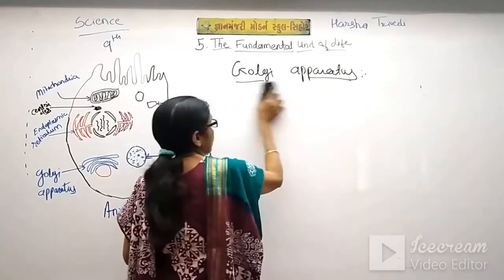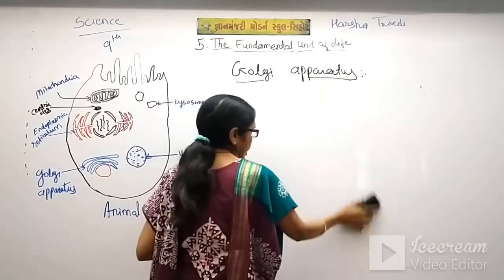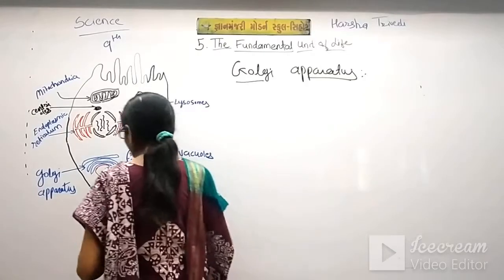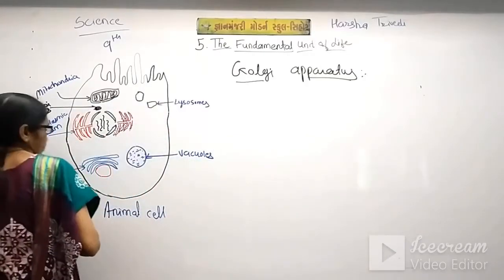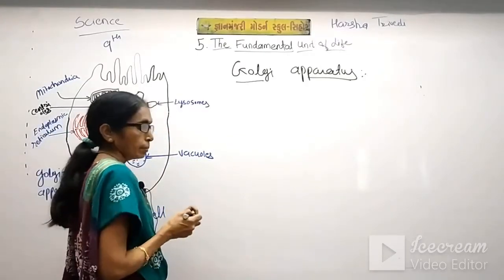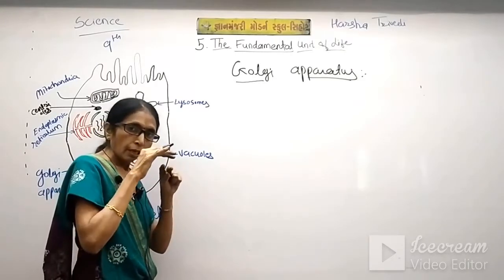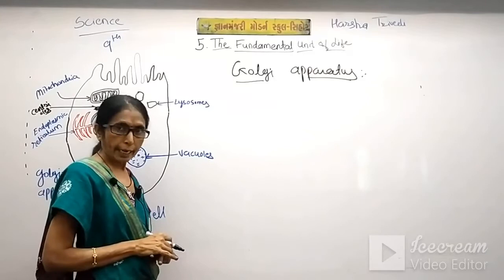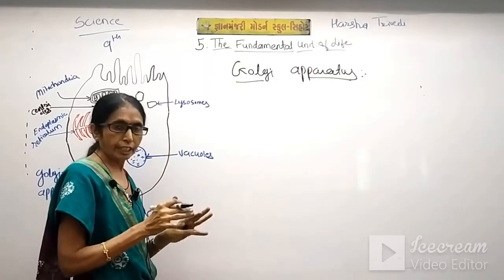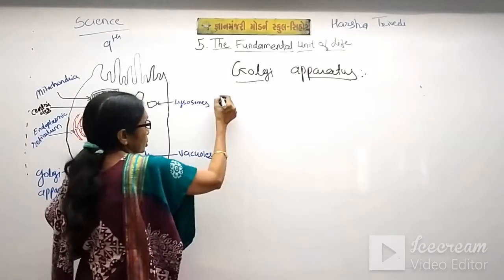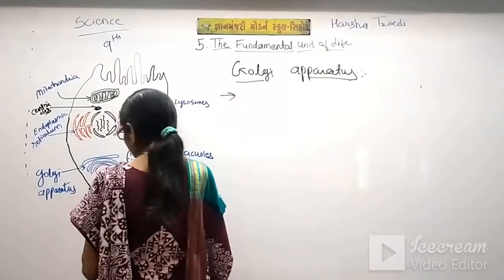Mainly the function is packaging the synthesized material and also dispatching it. The material which is synthesized in the cell, the Golgi apparatus packages, means makes the package of it, and it also transports it, dispatches it.